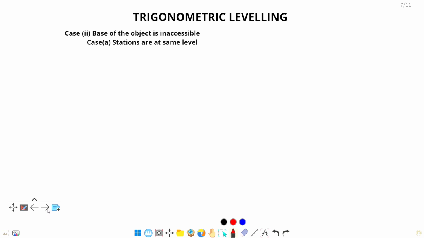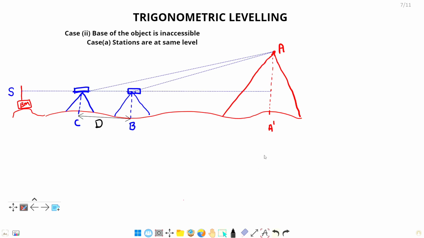So this one is the case of base of object inaccessible and stations at same level. See this, we cannot reach the point A dash here, so we cannot calculate this distance, and we cannot do further calculation similar to the previous case.